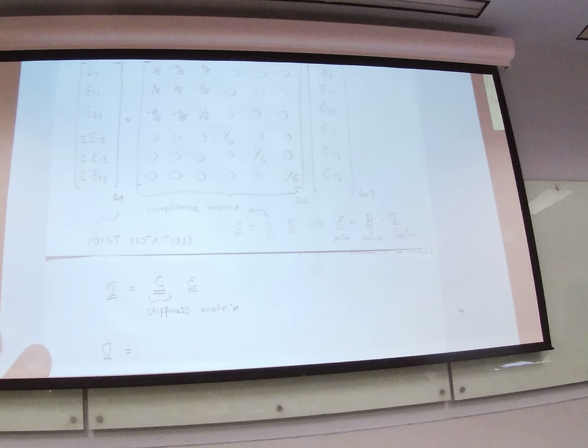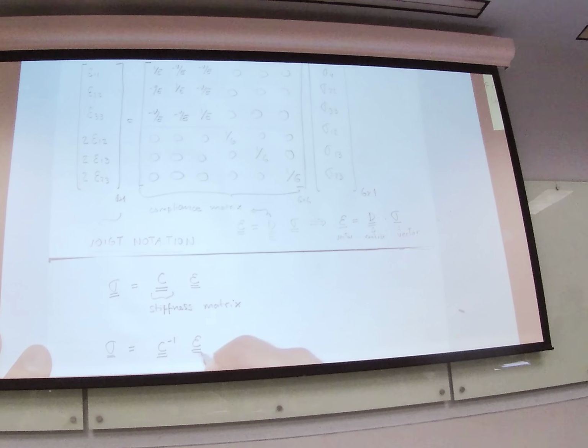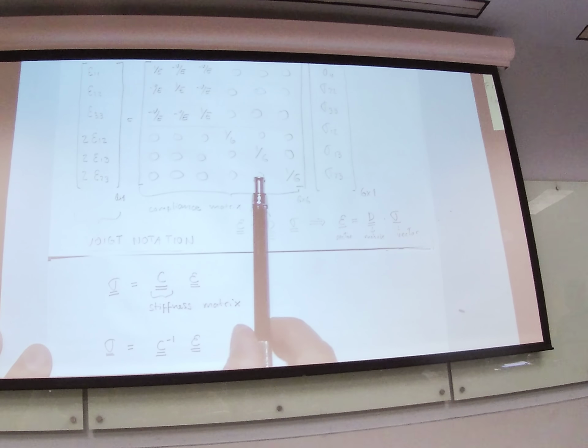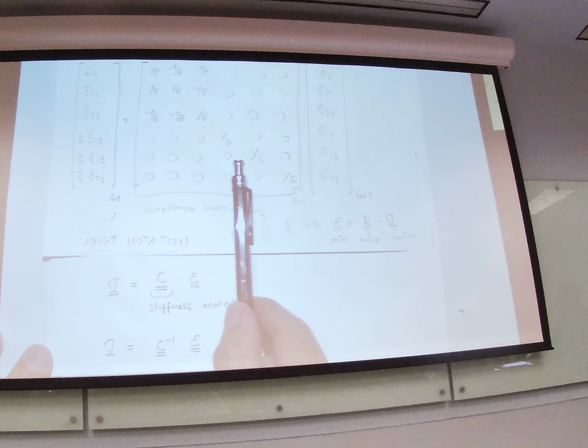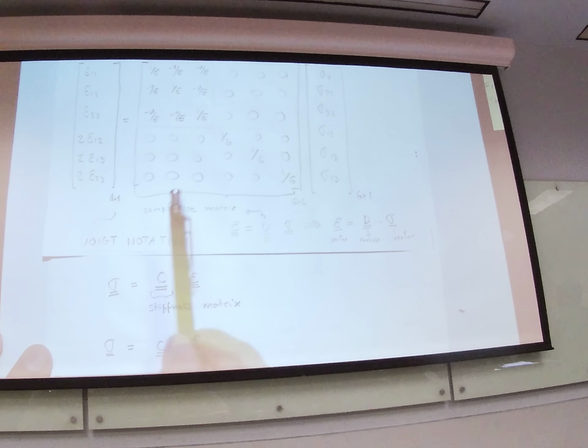1 over D, but you have to be careful, because when you deal with vectors and matrices, it's not really 1 over, but it's going to be the inverse of D. And the inverse of D, you can check this, you go to Wolfram Alpha and you do the inverse of this, and it's going to get you what I'm going to write.